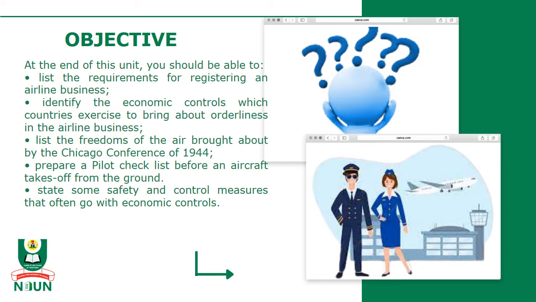We are going to look at the list of the freedoms that are available to air transport, which have been in existence since 1944. Likewise, we are going to discuss what the pilots use to prepare as a checklist before an aircraft takes off from the ground. And lastly, we are going to discuss the safety and control measures that must be put in place with the economic control.